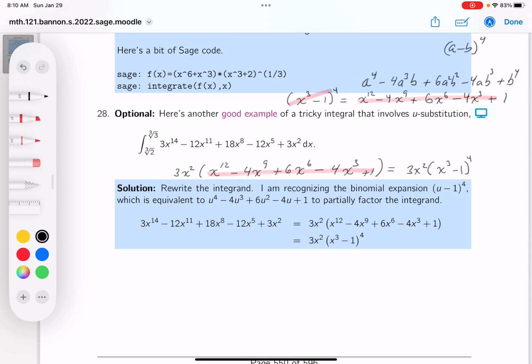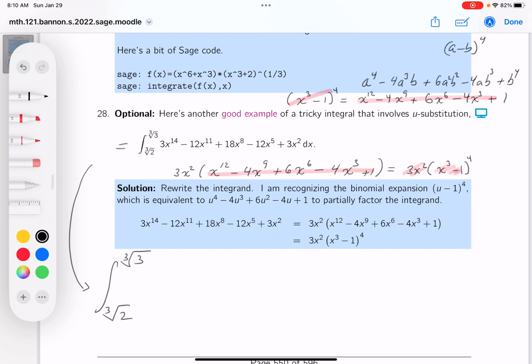Now certainly you can keep factoring if you want, but what I notice is that if I use a u substitution, this guy here would be the derivative. Let's put this down then. This integration here, the cube root of 3 over the cube root of 2.